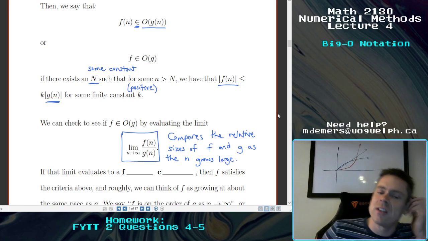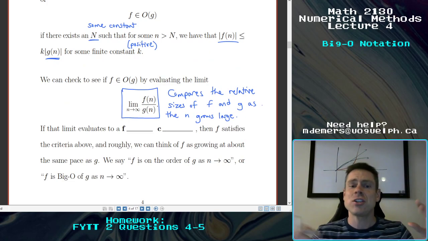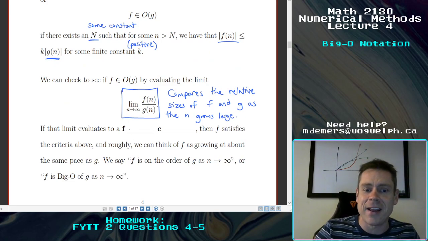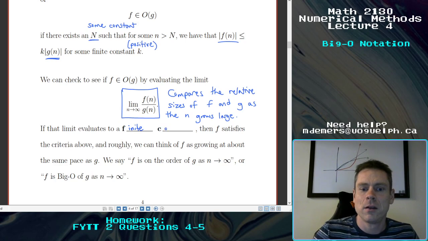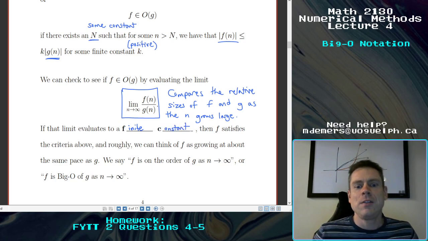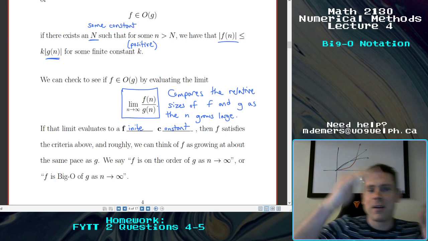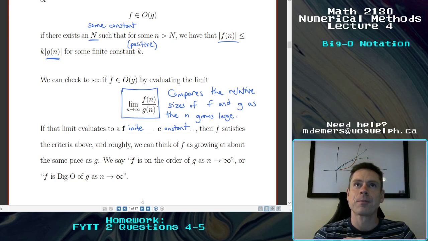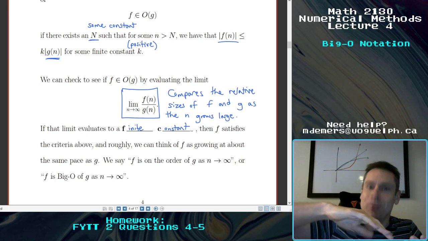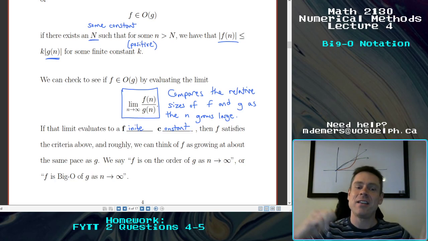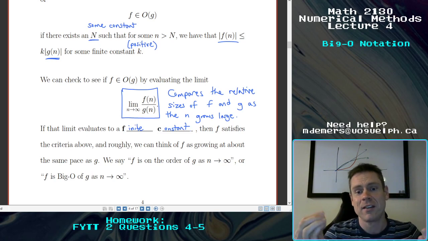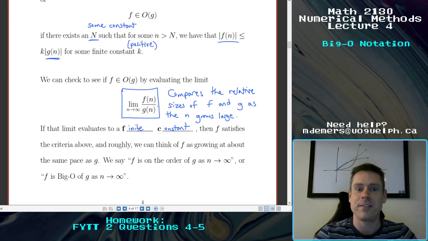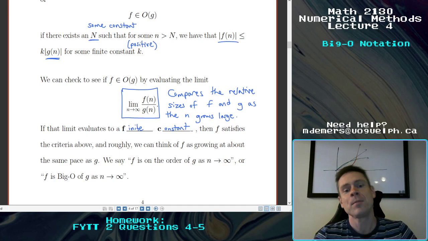There are a couple of different possibilities here, but essentially, if that limit evaluates to a finite constant, then f is on the order of g. And it can be shown that if that limit evaluates to a constant, f must satisfy the criteria from above. If you think about it, we have examples from first year where we can see if that's the case.